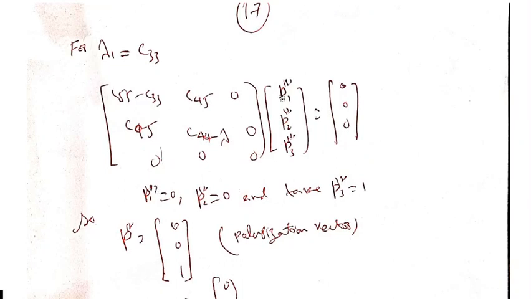Now P1 equals the first component, and this superscript 1 is telling us that this is the vector corresponding to lambda 1, and these subscripts are telling us that these are the components of this polarization vector P1. So first component is 0, second is also 0, and the third will be arbitrary. So we will choose P3 equal to 1, that is unit.